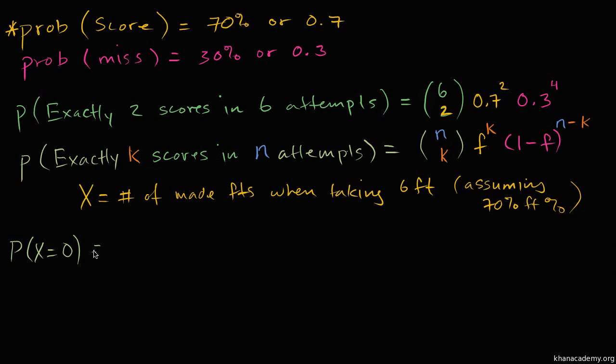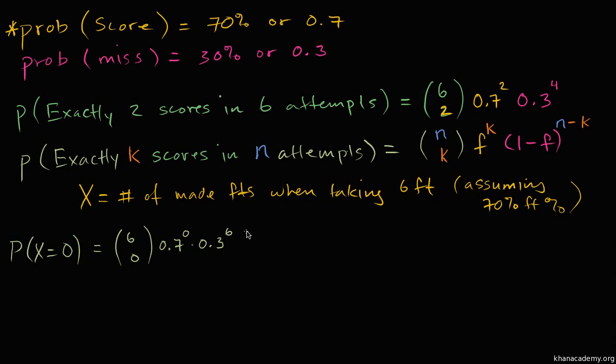It's going to be equal to 6 choose 0 times 0.7 to the 0th power times 0.3 to the 6th power. And this over here is going to end up being 1, and this over here is going to end up being 1. And so you're just going to be left with 0.3 to the 6th power.